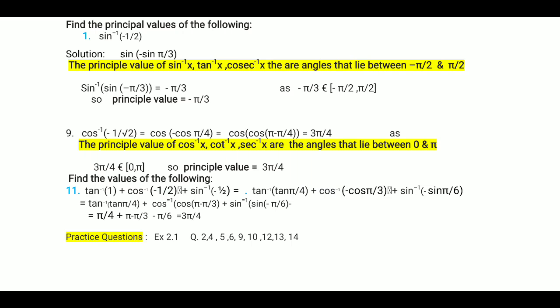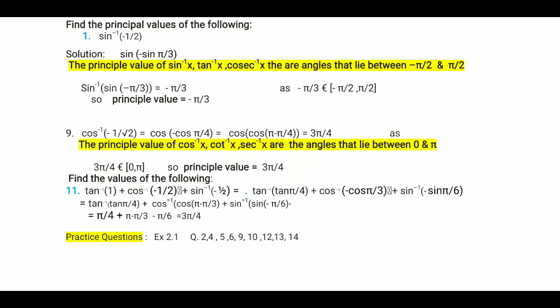Now a question from your exercise 11. Tan inverse 1 plus cos inverse minus half plus sine inverse minus 1 by 2 is equal to, what is the value? Write like above. Tan inverse 1 is tan inverse tan pi by 4.